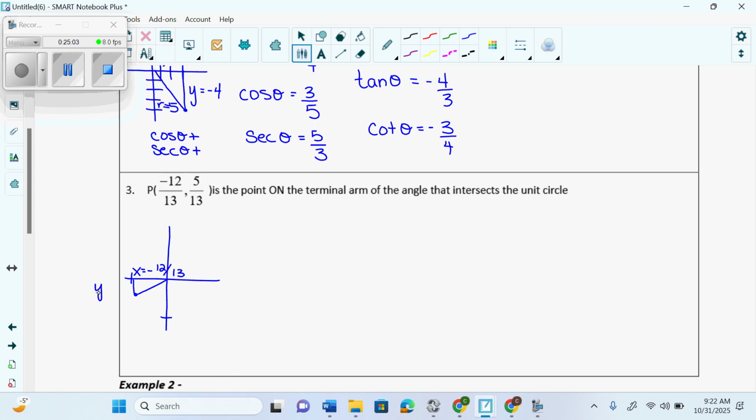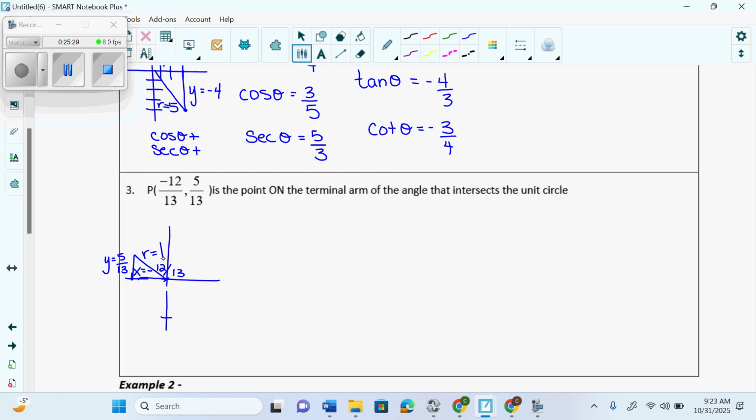Y equals 5 over 13. And then when I do r, I'm going to get 1 because it's on the unit circle.